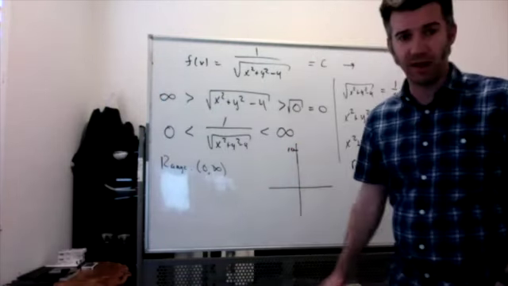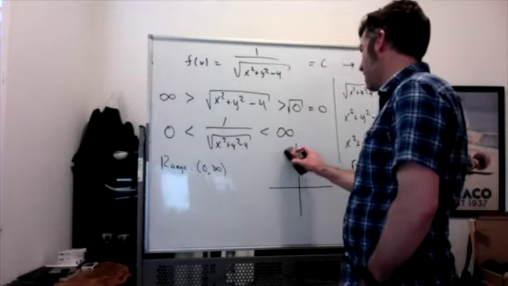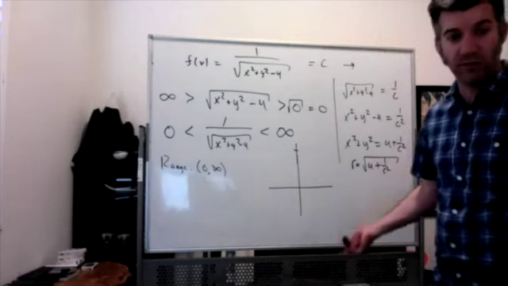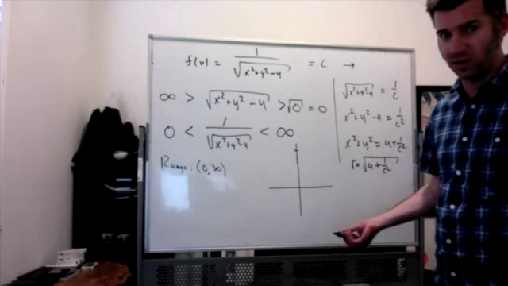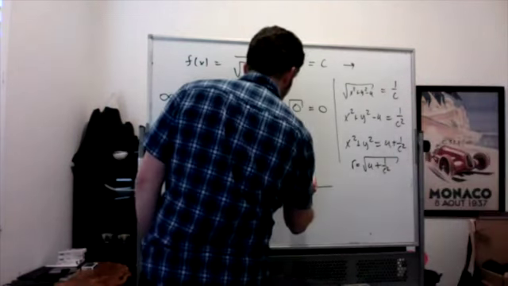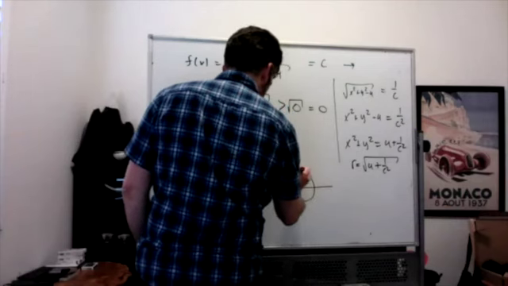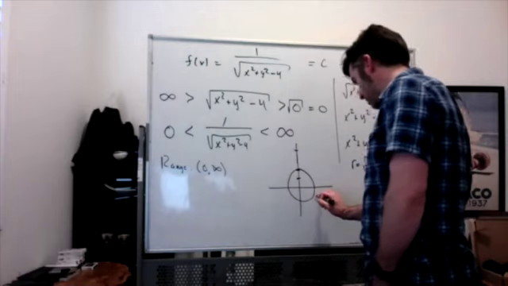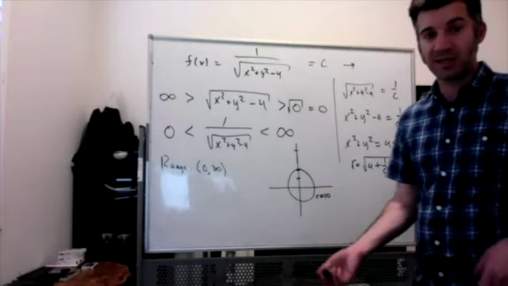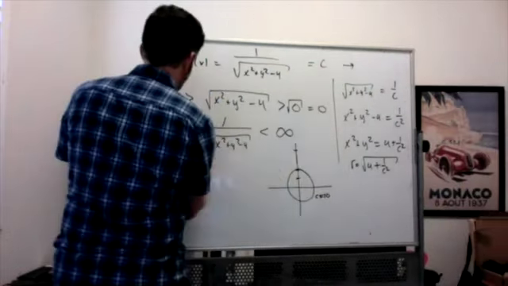I'm sorry, I'm trying to draw the level curves, not the whole thing. If C is 10, the radius is the square root of 4 plus 1 over 100, which is so close to 2. It's a tiny bit bigger than 2. So here's the radius when C equals 10. And then as C gets smaller, the radius is going to get much, much larger. So, I'm going to erase some of this here.